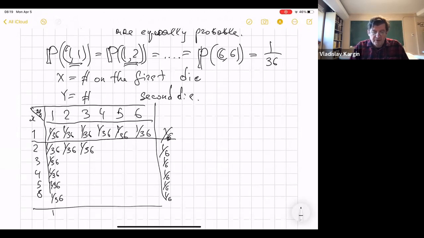It's the sum of the rows and the sum of the columns. And of course, in this case, the entry 1/36 is equal to the product of these two things. So you can see from the definition that these random variables, x and y, are independent.